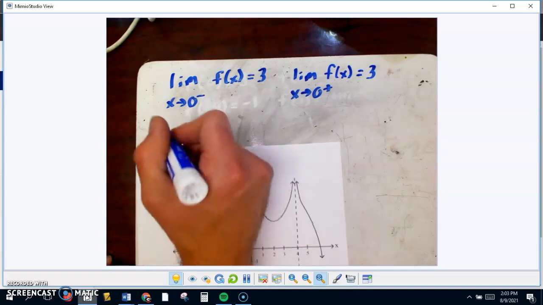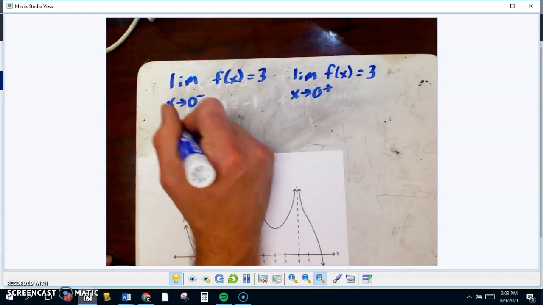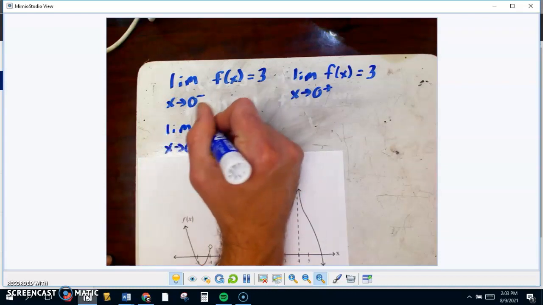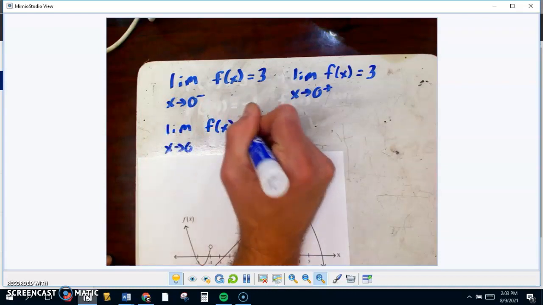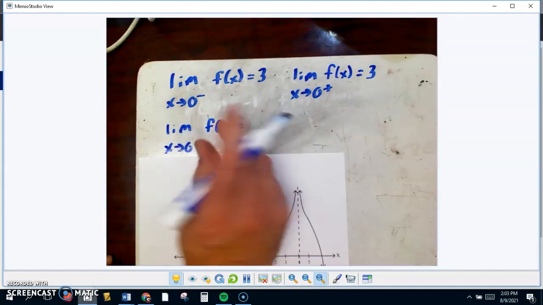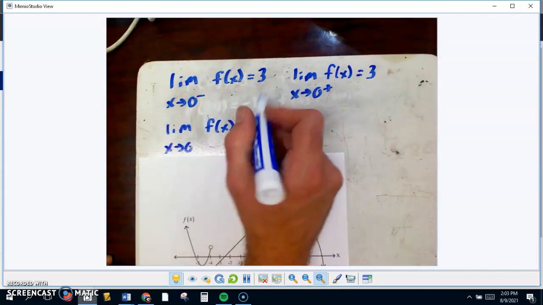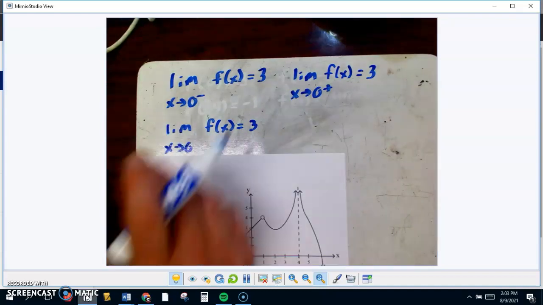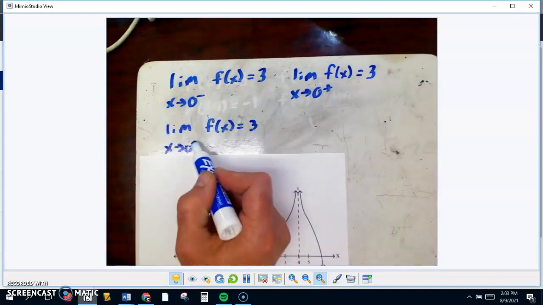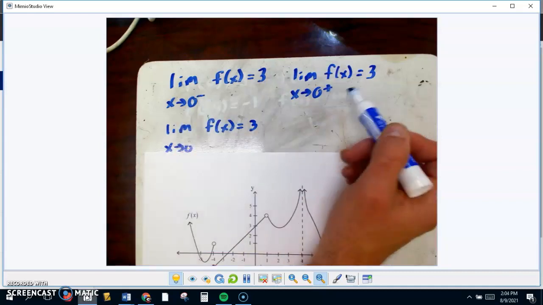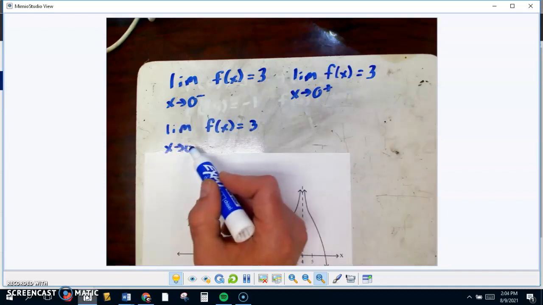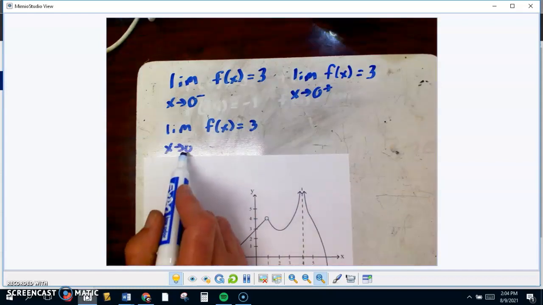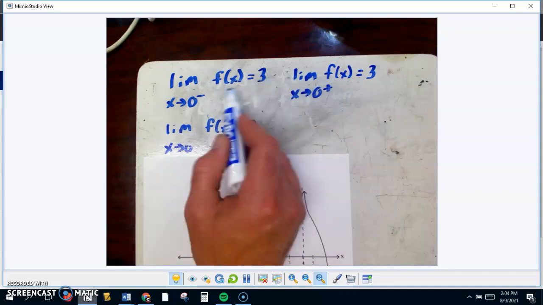Now the limit in general, which is in the big scheme of things, most limits we take are going to be the limit in general. The limit in general would be 3 as well. And that means, if you already have your left hand and your right hand, the limit in general, which would be a 0 with no sign, not a minus, which means from the left, or a plus, which means from the right, but just a plain old 0 with nothing, it would just be this equal value, the 2 3s.